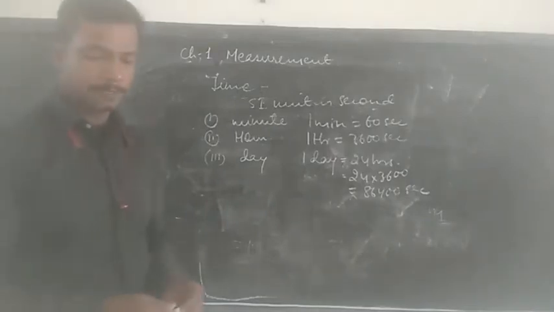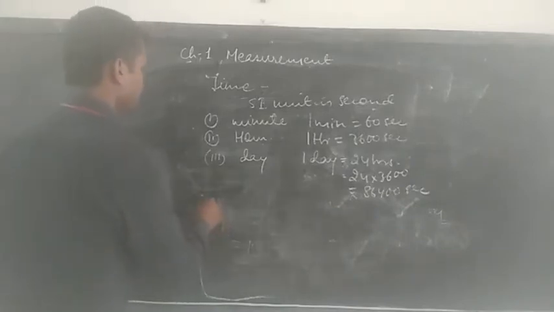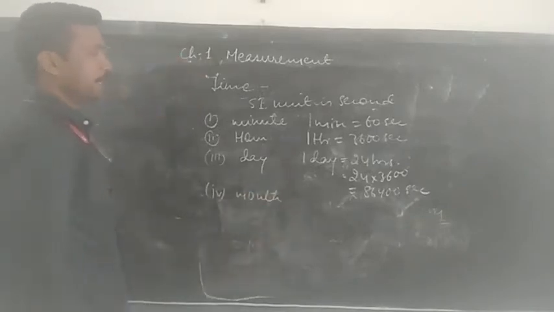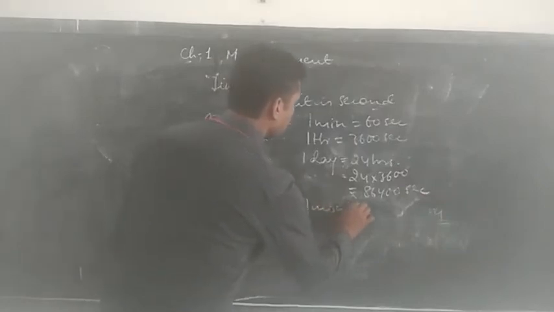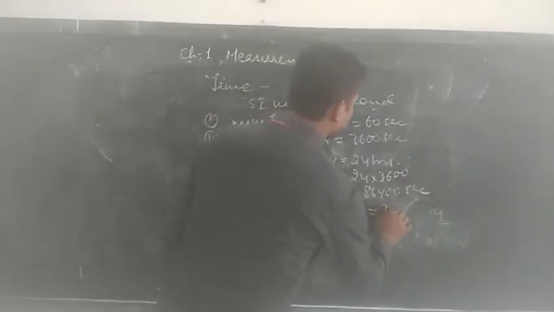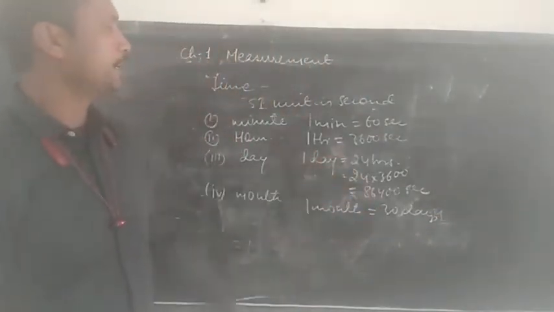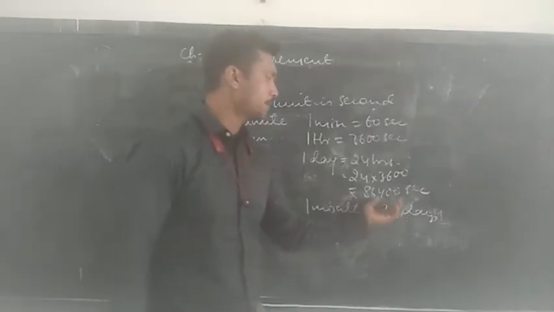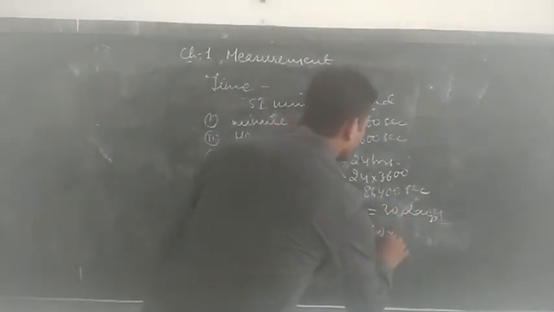Then we can take month also as a unit of time, and we know 1 month is equal to around 30 days. Now converting 30 days into seconds, just multiply 30 into 86,400.